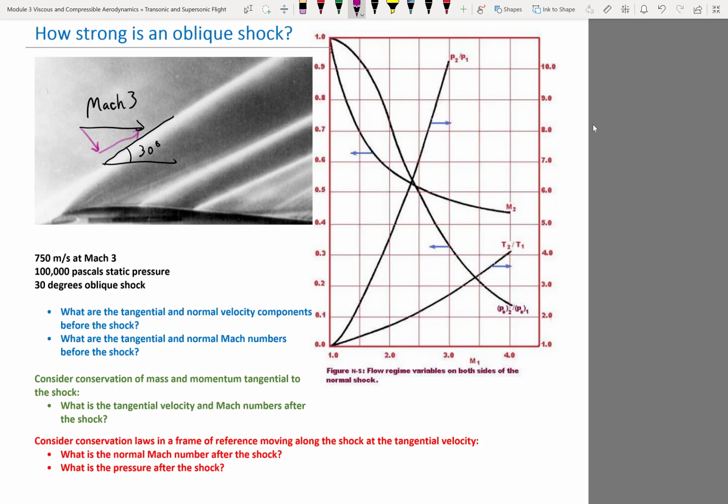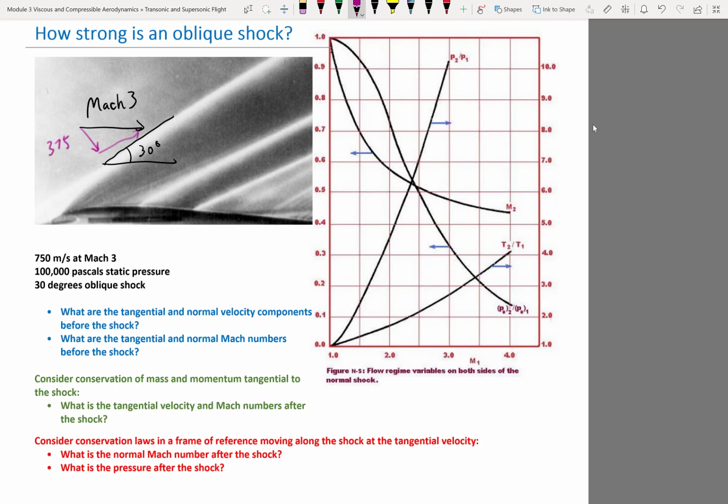We have a 30-degree angle, right? Sine of 30 times the velocity, and the sine of 30 is 1/2. Okay, good.